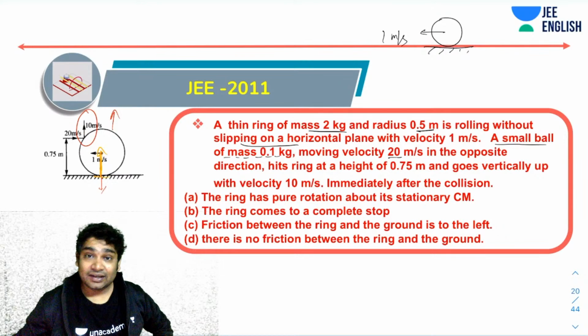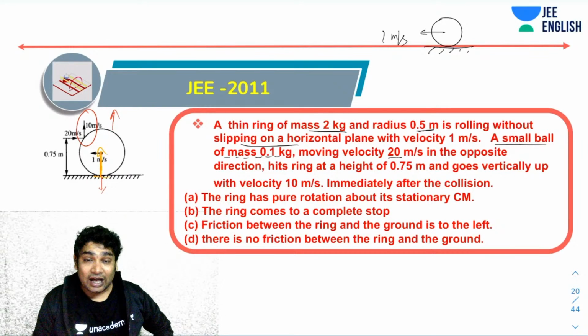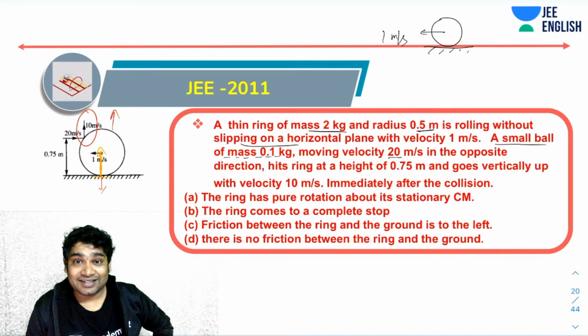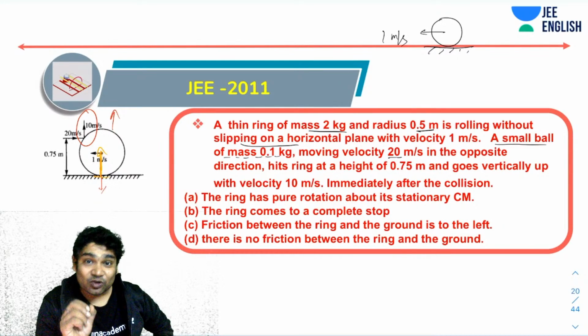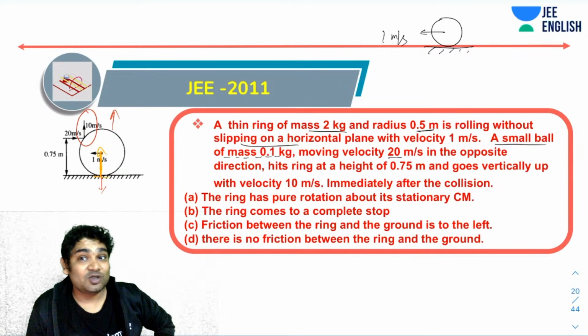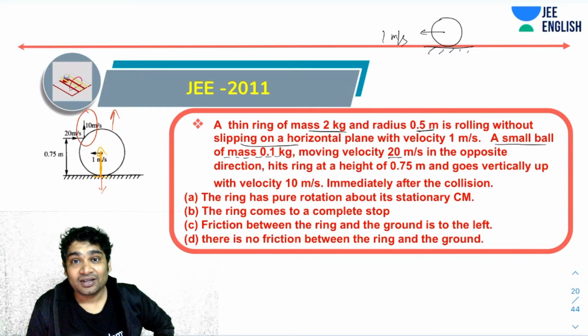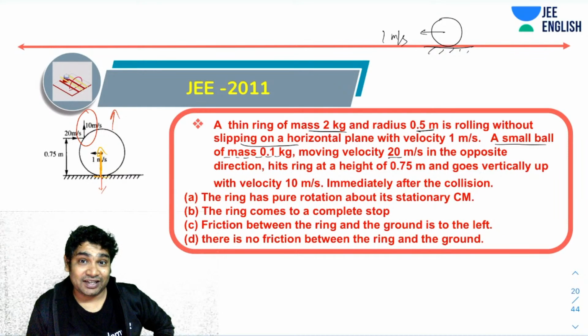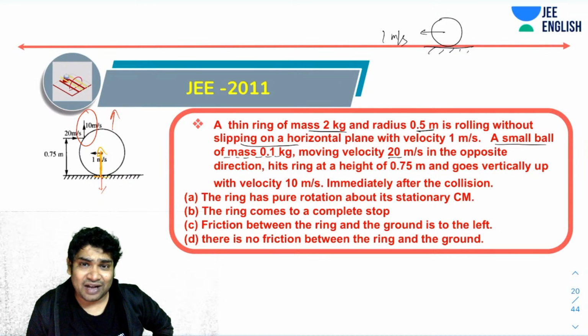So here, there could have been impulsive friction. There is a hint that I'll tell you, and that is what makes this problem really tough. If you were told that there is no friction on the ground, then you wouldn't have any trouble, right? But if there was friction, then you could have had impulse due to friction also. And the weird part is that you haven't been told the mu.